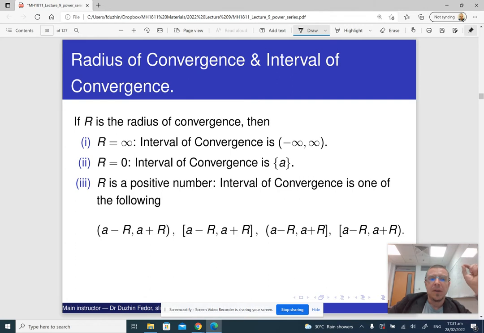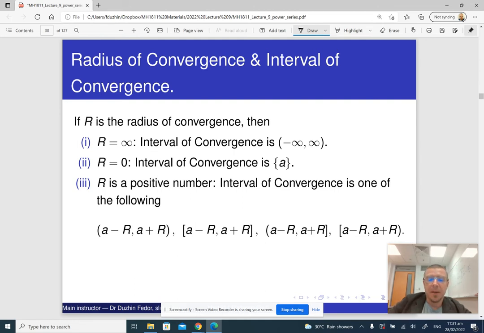Now, notice that this theorem boils down to the following three possibilities. The first possibility is that the radius of convergence is infinite. The second possibility is that the radius of convergence is zero. And the third possibility is when the radius of convergence is some finite number.